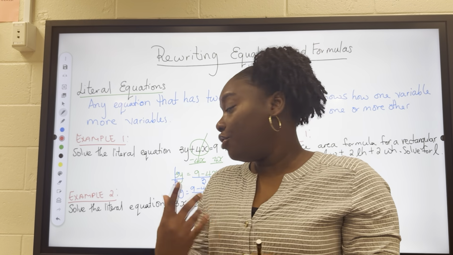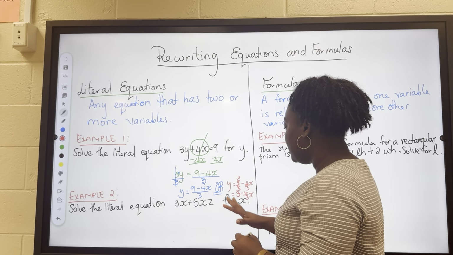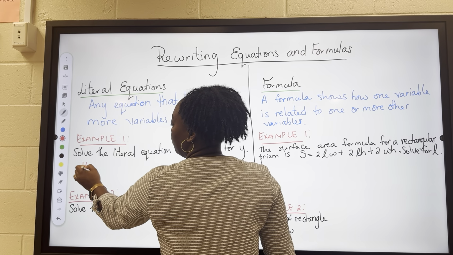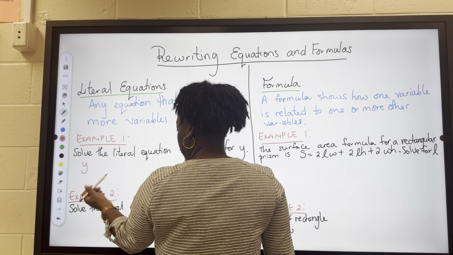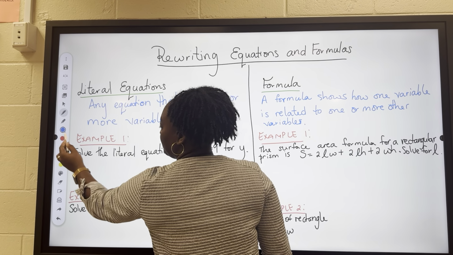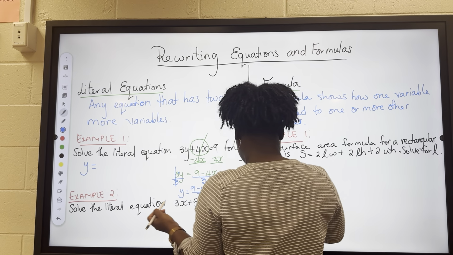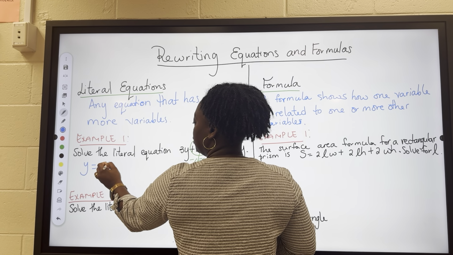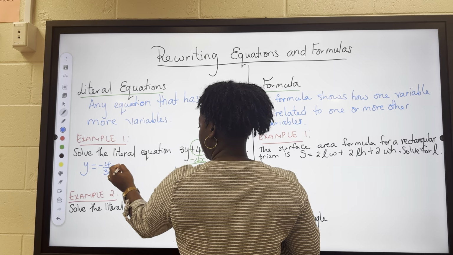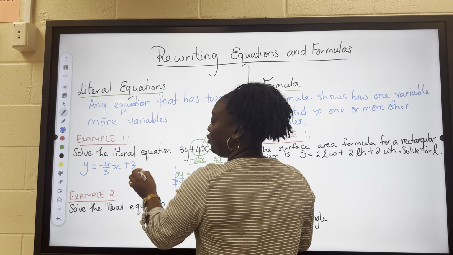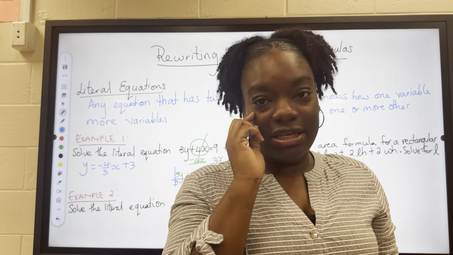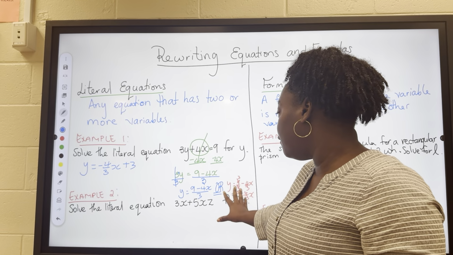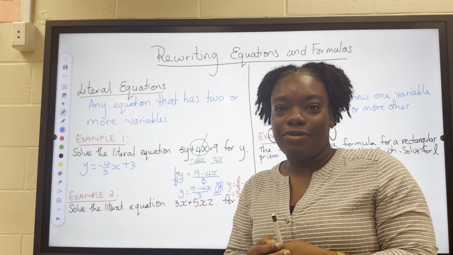Good? And if you're to rewrite that, our final answer would be y is equal to minus 4 over 3x plus 3. You can write it like that, or you could just leave it in that form. Whichever way is perfectly fine.